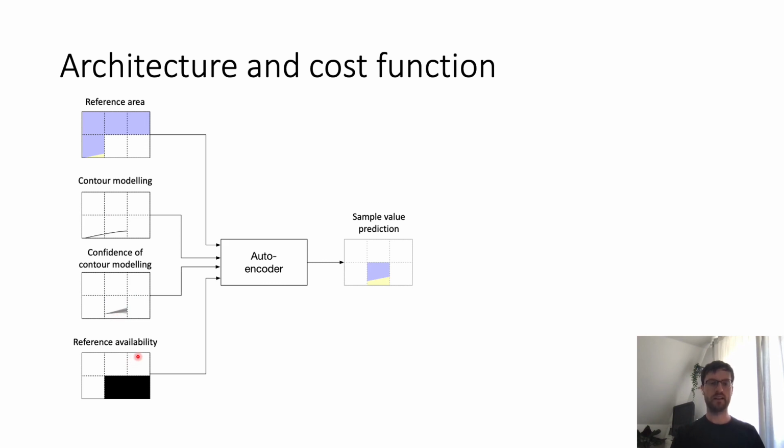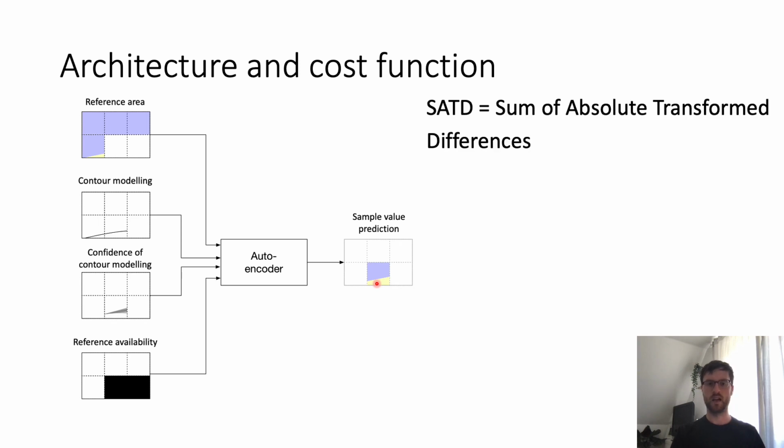And we have a map indicating the availability of reference samples, which can differ depending on where we are inside an image or how the partitioning scheme is. The autoencoder processes these inputs to derive the output, the sample value prediction, which is the sample values of the predicted block. As cost function for training the network, we use the SATD, sum of absolute transform differences, which is also known as cost function for video coding algorithms.